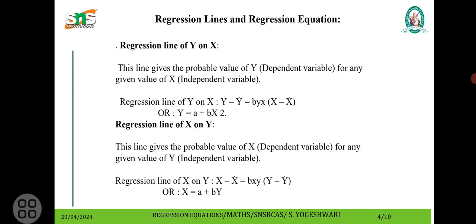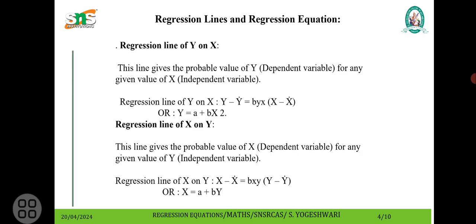Next, regression lines and regression equation. The regression line of y on x gives the probable value of y for any given value of x, that means the independent variable.